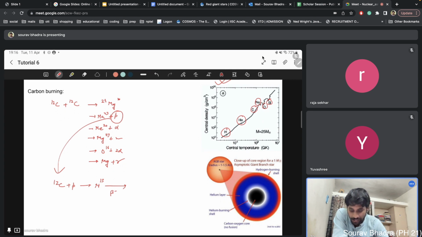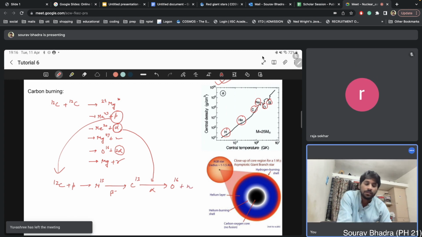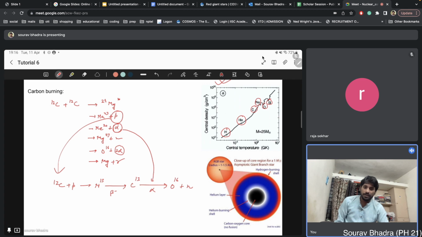Again we are going to the CNO cycle, it is a part of the CNO cycle, C13, and the alpha particle which has been created here or here, that can act here. So the alpha particle will react with it and O16 plus a neutron will be there. So this reaction can also happen in the carbon burning phase, and the main part is this neutron.